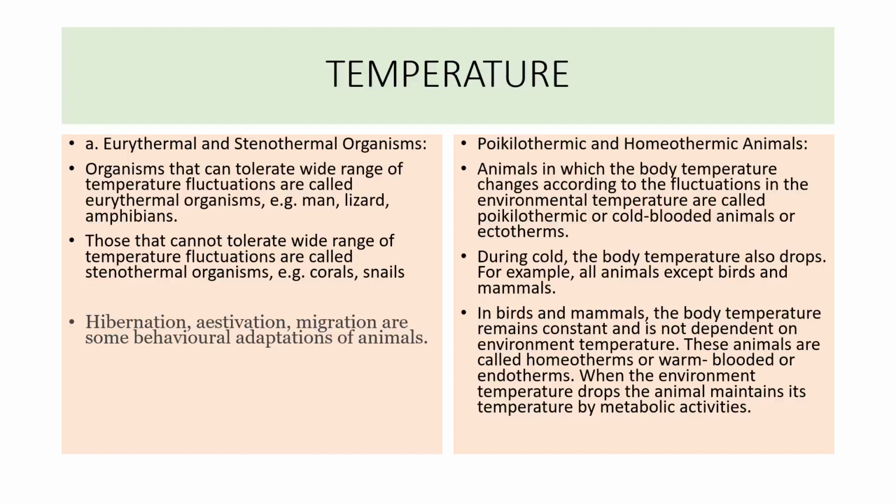For example, homeothermal individuals are birds and mammals, whereas poikilothermal individuals are amphibians and reptiles. So these individuals show variation because of the temperature.